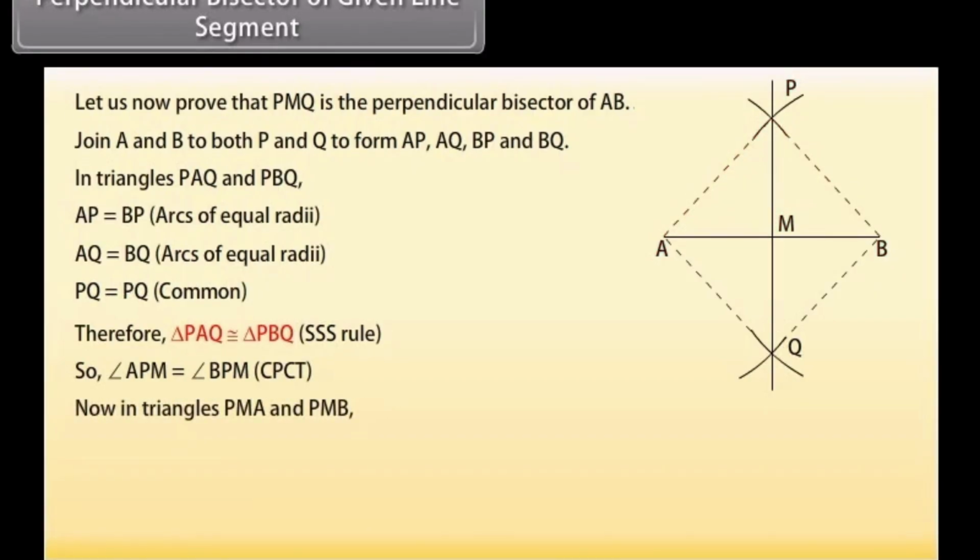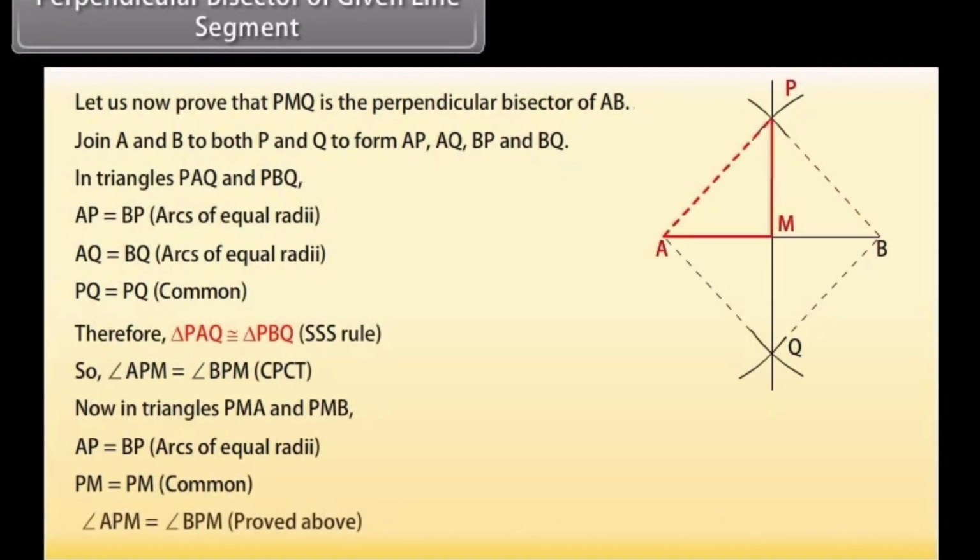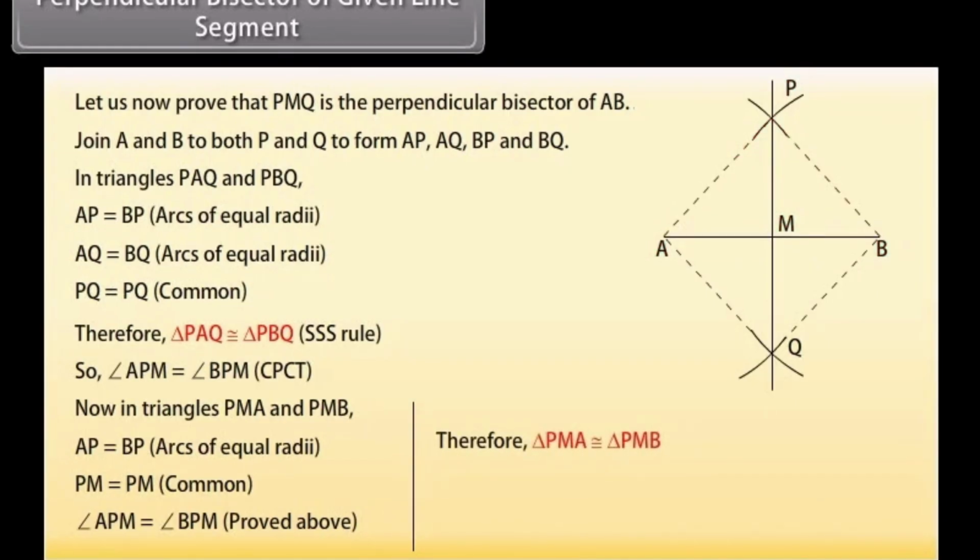Now in triangles PMA and PMB, AP is equal to BP, arcs of equal radii. PM is equal to PM, common. Angle APM is equal to angle BPM as it is proved above. Therefore, by SAS congruence rule, triangle PMA is congruent to triangle PMB.